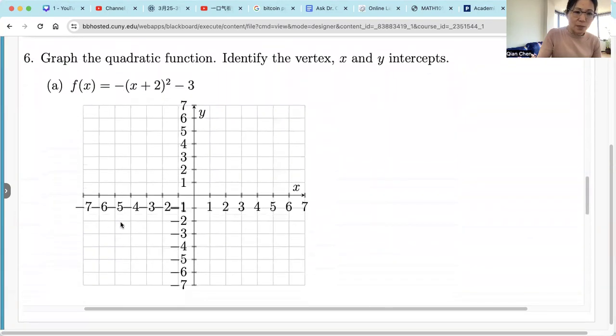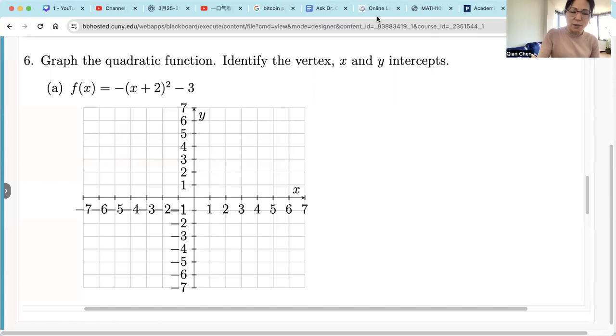Now lastly, we want to graph quadratic functions by identifying the vertex, the x-intercepts if there are any, and the y-intercept if there is one. One form of quadratic functions is f of x equals a, the leading coefficient, times x minus h squared plus k.